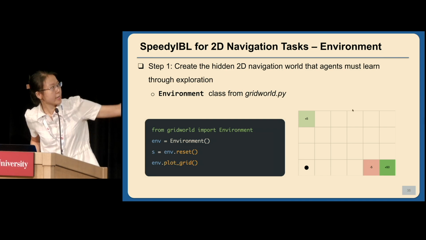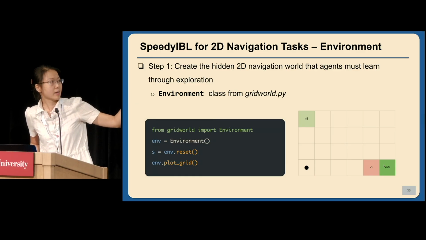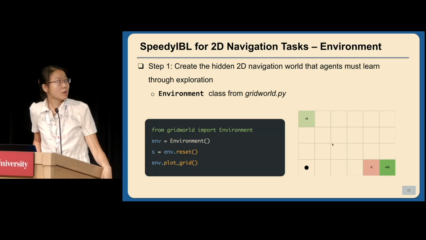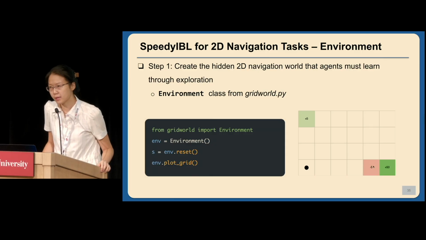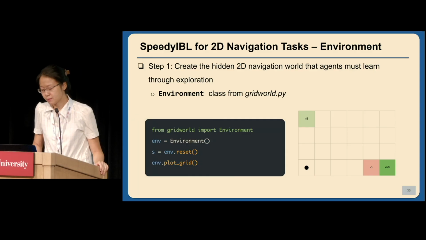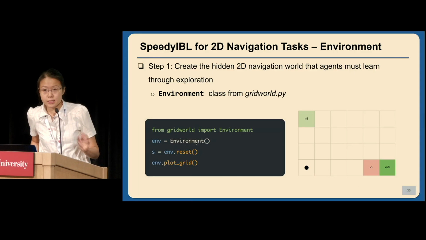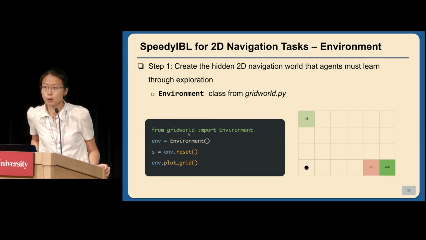This is the hidden environment behind: the highest treasure goal is +50, the low value treasure is +5, and then there is also the cliff, which terminates the game, at -5. That's hidden from the agent. The environment is imported from the file grid world that we just uploaded here.